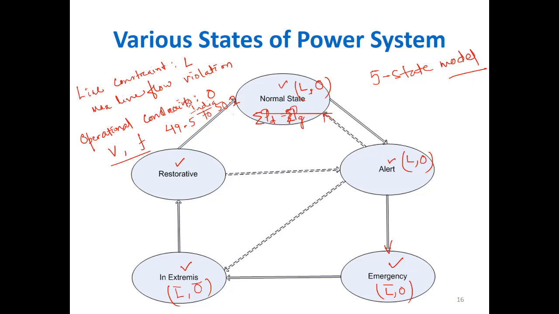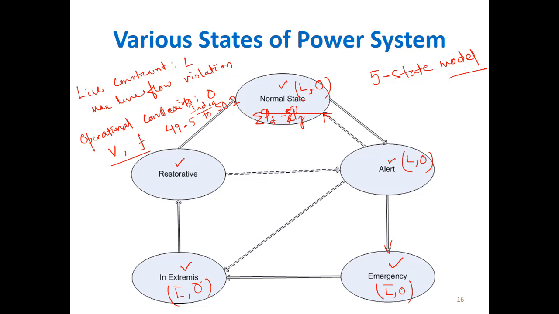Okay. So the in extremis state is also sometimes achieved directly from alert state if both the line and operational constraints are violated. Now from the in extremis state, it goes to the restorative state, where the operator takes action to restore the system.